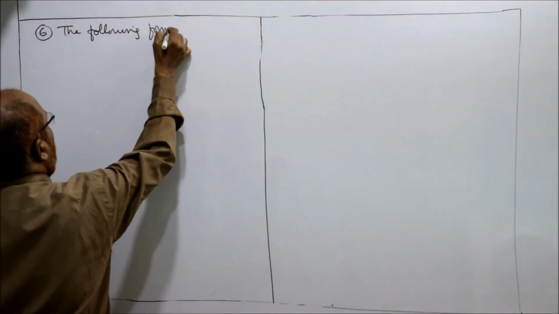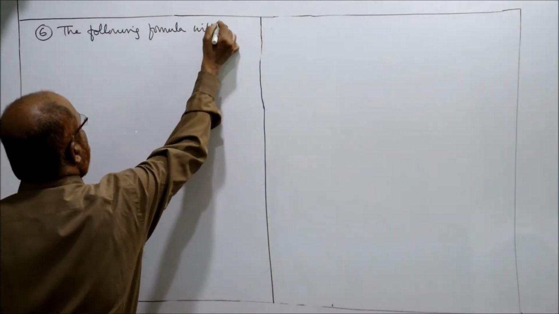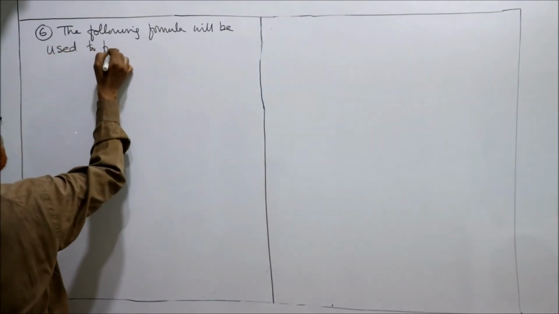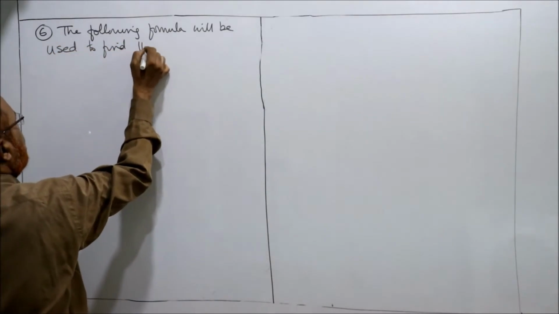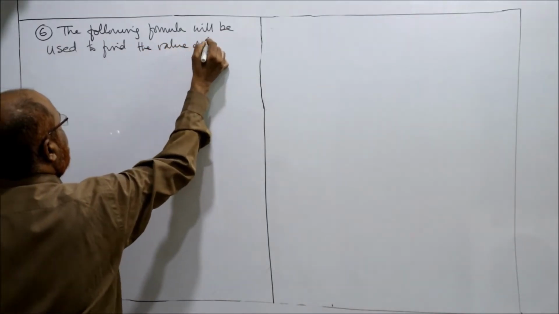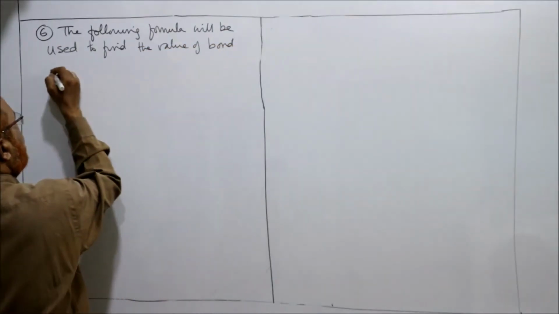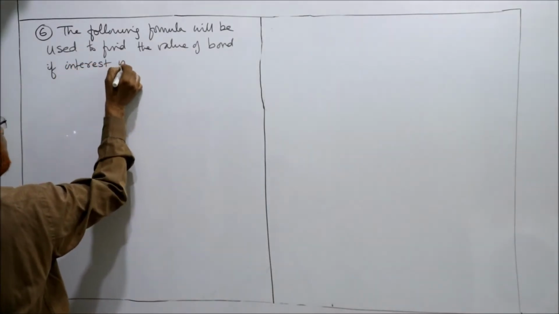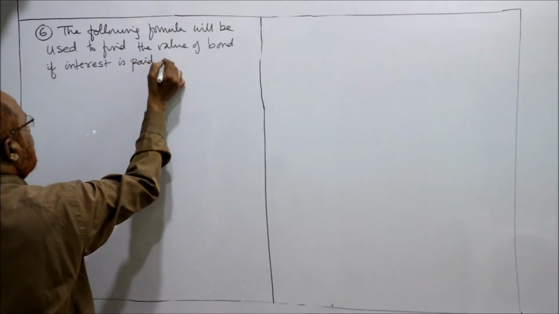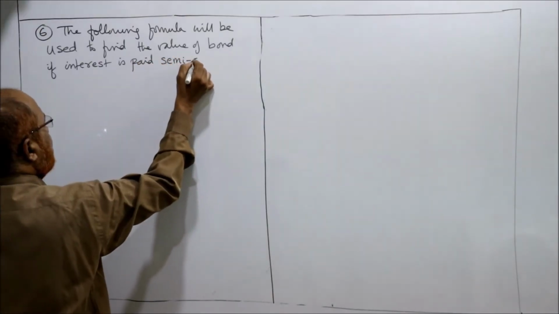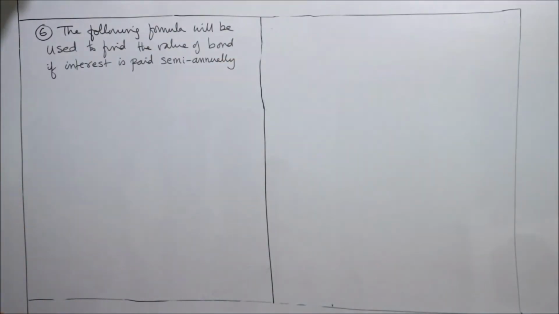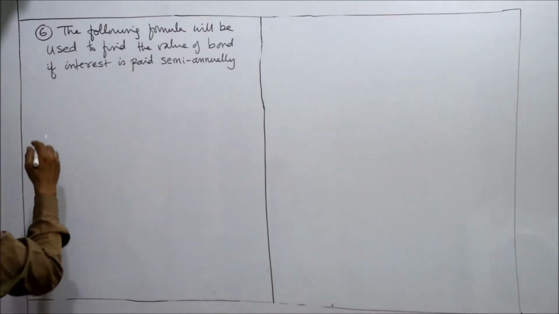The following formula will be used to find the value of the bond if interest is paid semi-annually.